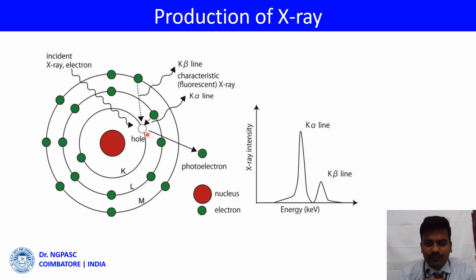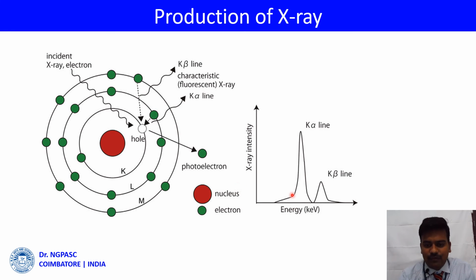After that a vacancy is created. This vacancy is generally called a hole. This vacancy will be occupied by a higher energy electron from the L shell or M shell. If an electron moves from a higher orbit to a lower orbit, it will emit some energy. That energy is called X-rays.